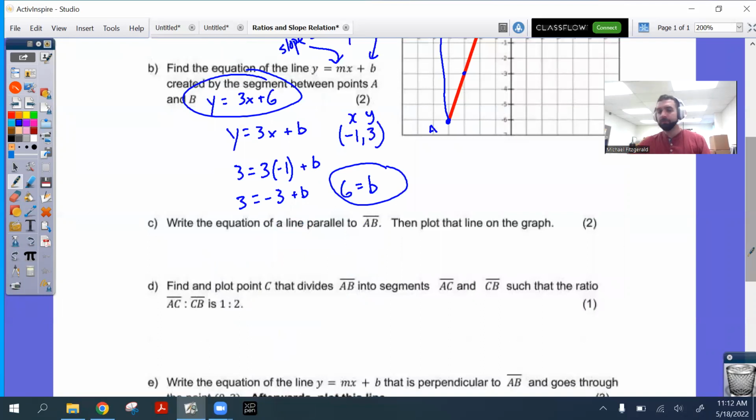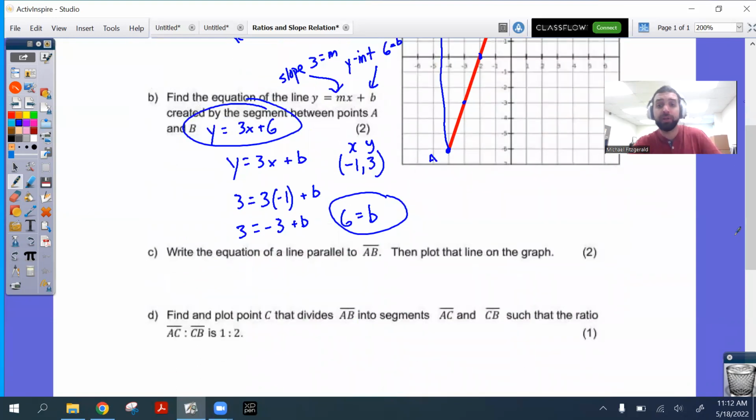Okay. We are then asked, write the equation of a line that's parallel to this. Well, what do we know about parallel lines? They have the same slope. They will never touch. We aren't told anything else. We don't say, oh, let it go through this point. Just give me a line that's parallel to it.